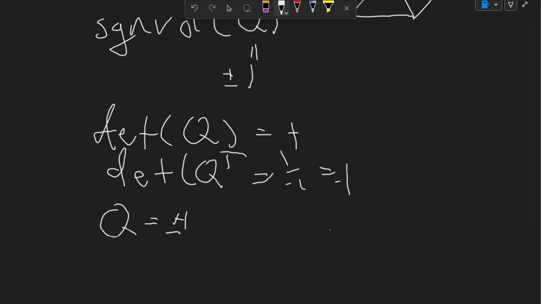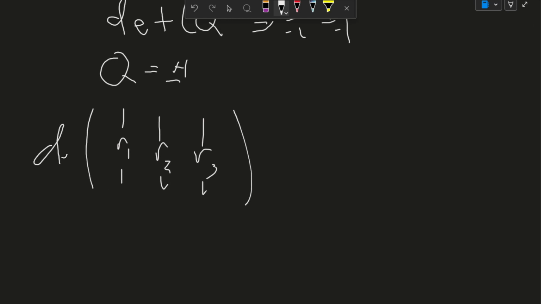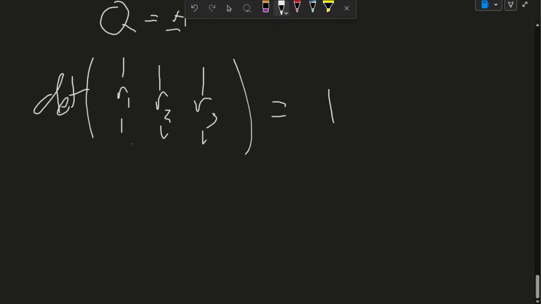So it turns out that this is the distinction we want to make, which is that we want the determinant to only be 1 for a rotation. And why is that? Well, the determinant has this property where if I have this matrix R1, R2, and R3, and I have the determinant of this, if this is 1, then if I swap 2 of the columns, the determinant will become -1.